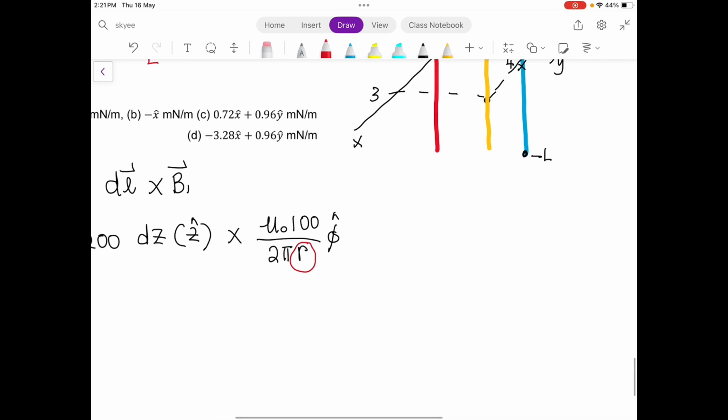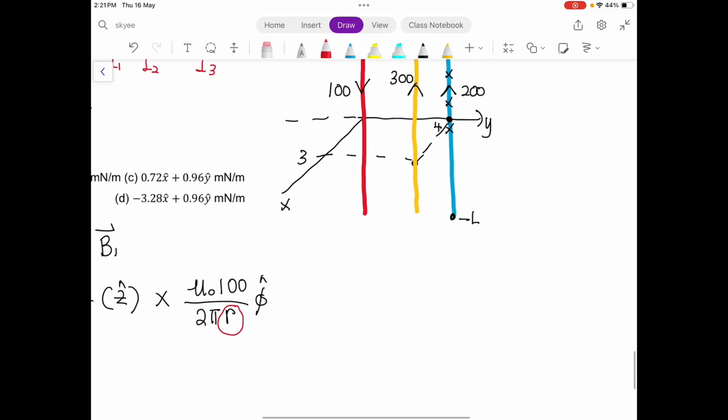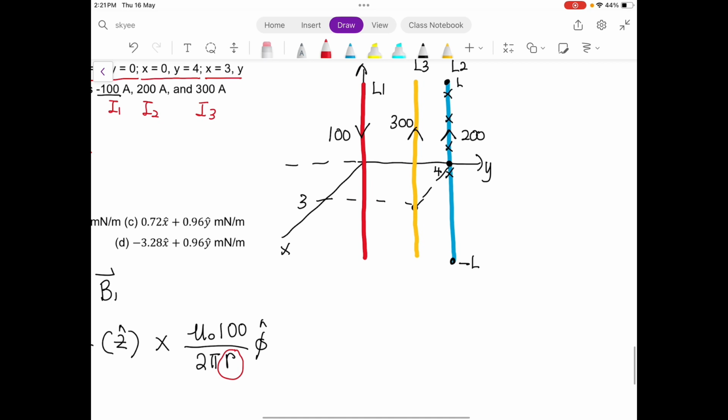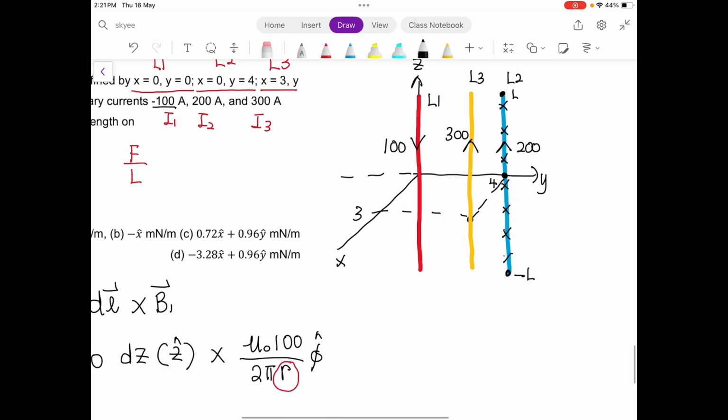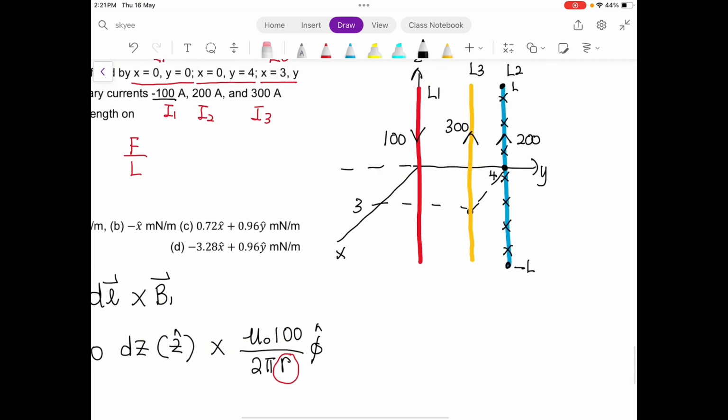You want to find the magnetic field at the position of I2. So this is the point that you want to find the magnetic field. How to find the R? The R will be the distance between the L1 and also the L2, which is 4 units.